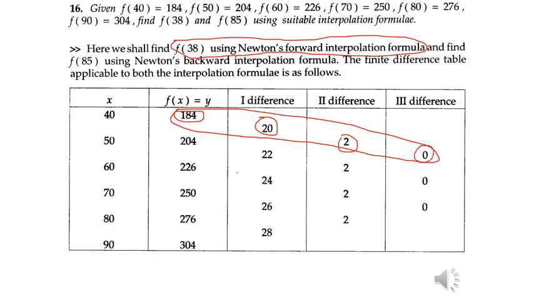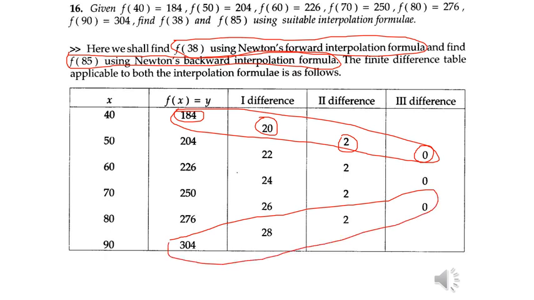And when you are using Newton's backward interpolation formula to find f of 85, you need to use these lower entries. In these entries, this is your yn, nabla yn, nabla square yn, nabla cube yn.